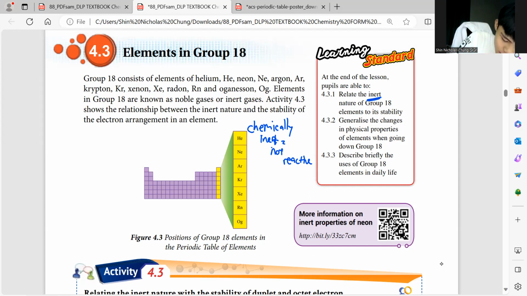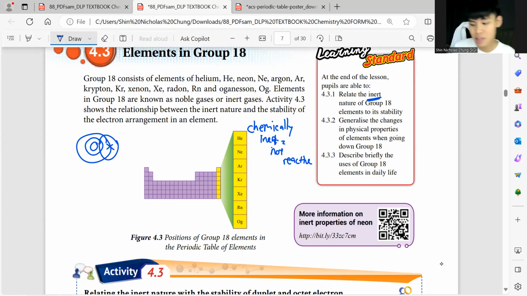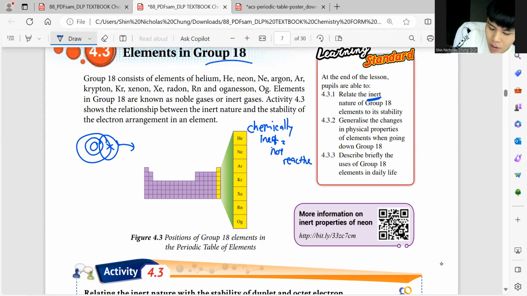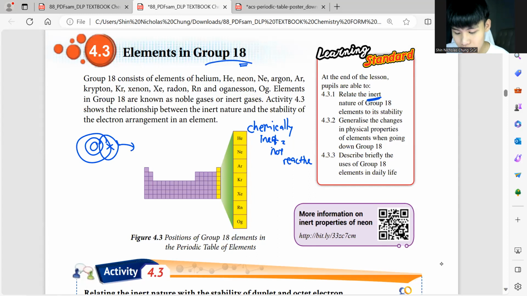Stable means, just now, you see, there's one valence electron, right? So it's not considered as a stable thing. Because you can lose it, right? Because their main purpose is to lose electrons. So it's not stable. But group 18 is different. Remember I told you? Group 18 means 8 valence electrons.